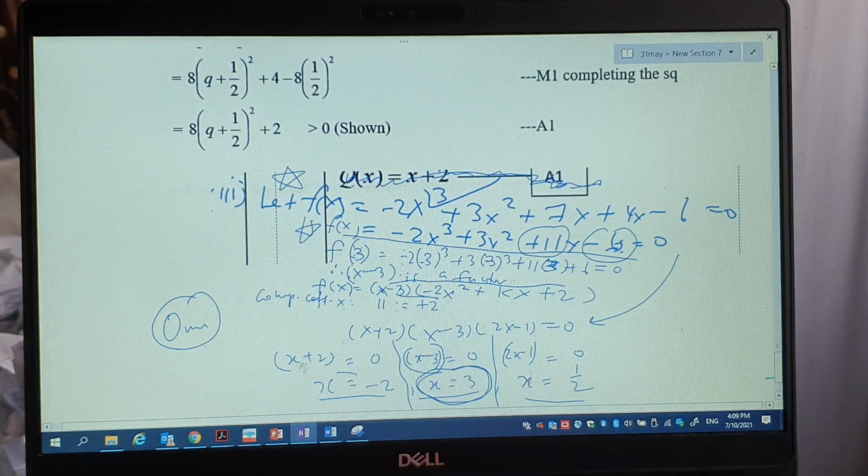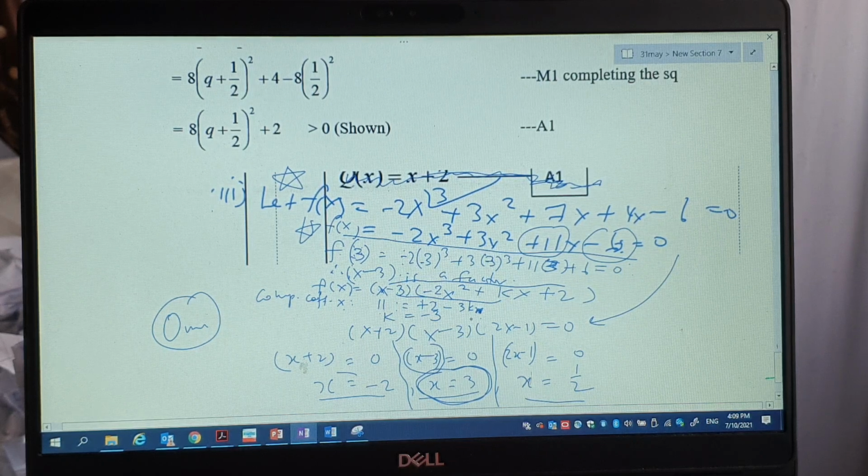Then it will be minus 3kx. Your k will be minus 3. Okay? You go and work it out, it should be minus 3.